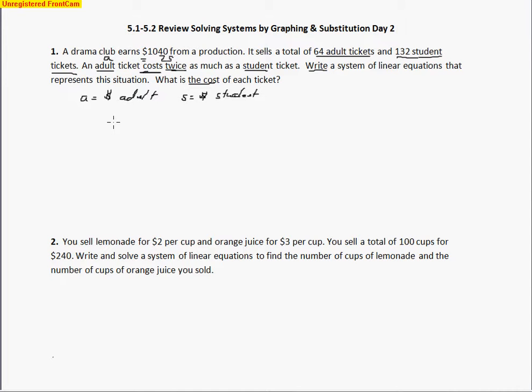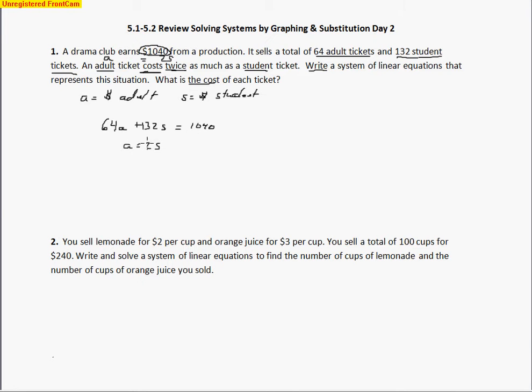My first equation is a value equation. They give us a value of $1,040. We sold 64 adult tickets and 132 student tickets. If I multiply the number of tickets by the cost of the ticket, and then add those together, I should get $1,040. And my other equation is just A equals 2S.